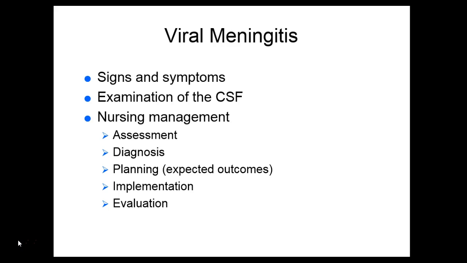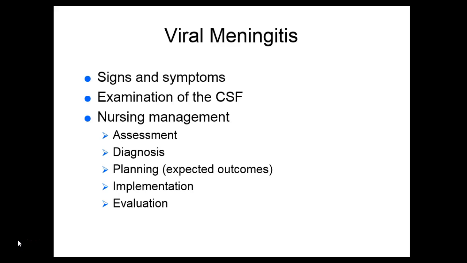For viral meningitis, it is usually caused by enteroviruses, HIV, or herpes simplex virus. It usually tends to be milder than bacterial meningitis. The initial signs and symptoms include headache, fever, photophobia, and stiff neck. Brain involvement symptoms are very uncommon.